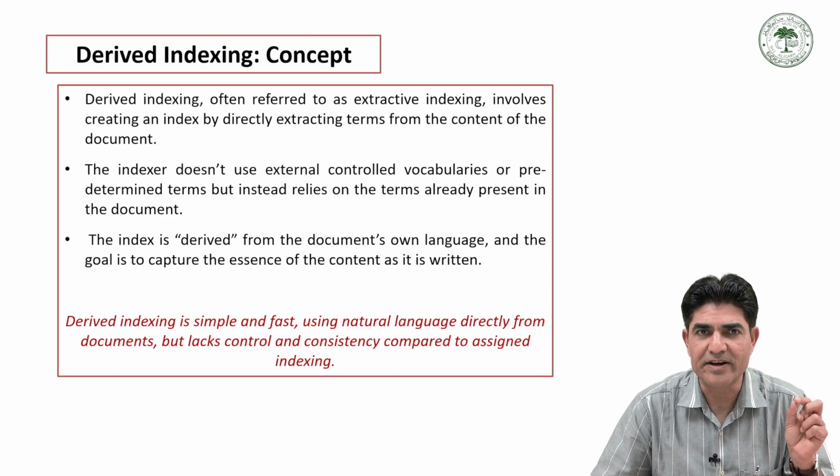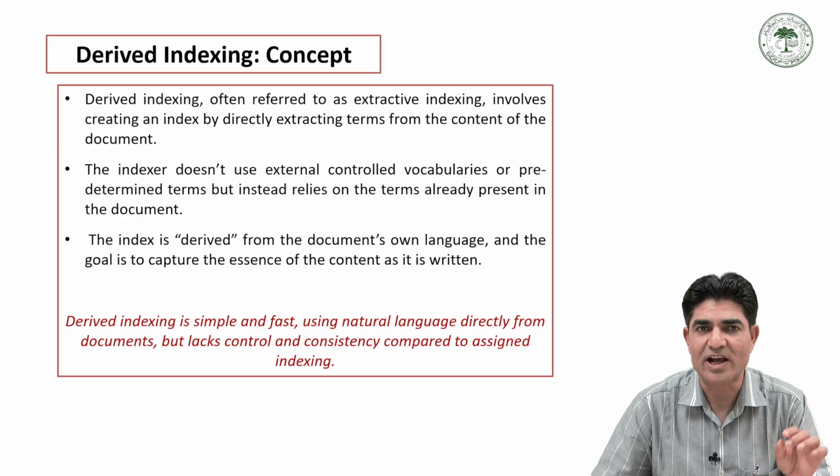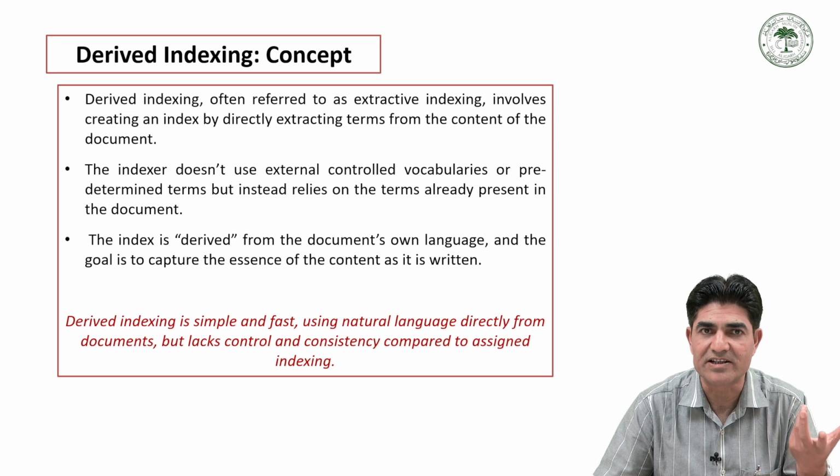So in a nutshell, derived indexing is simple and fast. Why is it simple and fast? Because it can be done by the use of a computer. There are two important aspects, the selection of keywords and the representation of keywords. As far as selection is concerned, the computer can easily extract the relevant keywords from the text of the document.